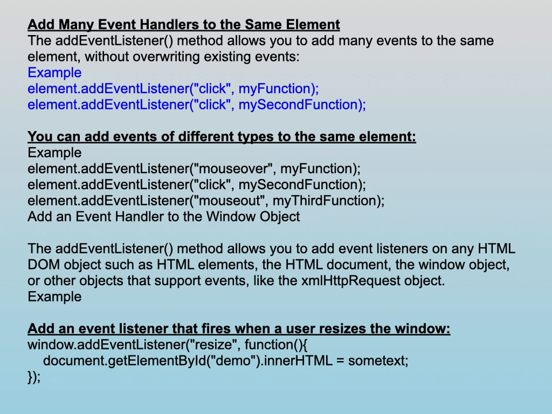So when the resize of the window happens, some code is executed or some event listener fires. That is how this example is defined. So on resize, a function is executed: document.getElementById demo.innerHTML is equal to some text. Okay, so this is a simple example when we are dealing with the window object.